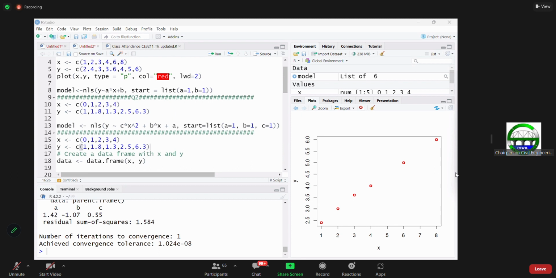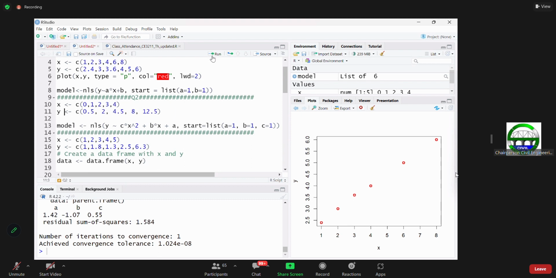No one has the x and y values. x is equal to 1, 2, 3, 4, 5, and y was 0.5. Okay, I will just copy this one and put the values in here.